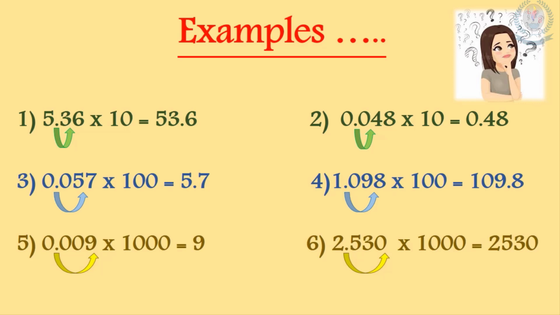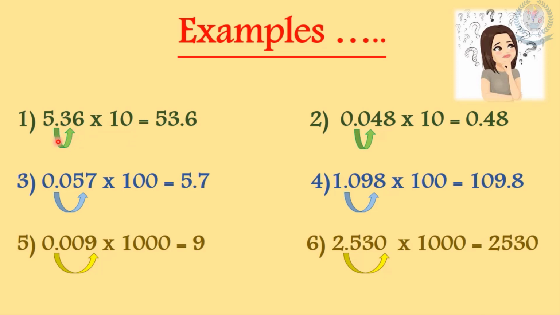Now look at these examples. Here I have given 6 examples. First one, 5.36 multiplied by 10. Here we have to multiply this decimal of 5.36 value by 10. As I told you in previous slide, if we have to multiply a decimal by 10, we have to take the decimal place to right hand side by one digit.